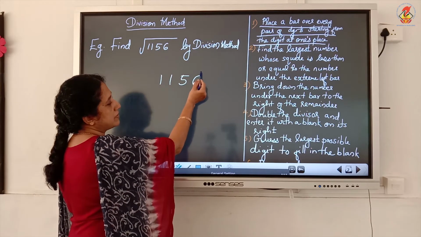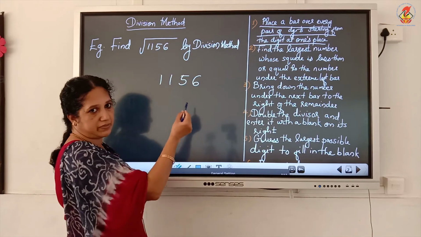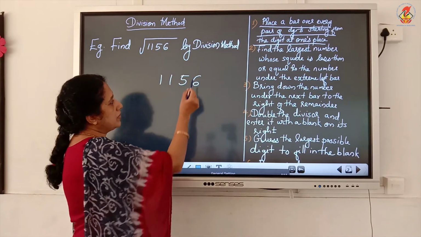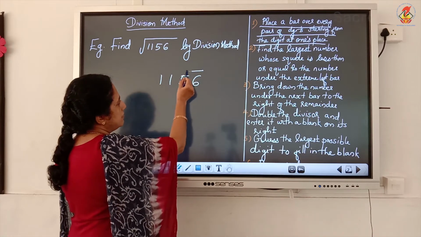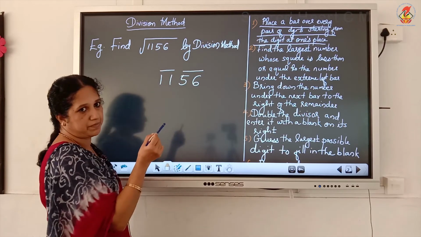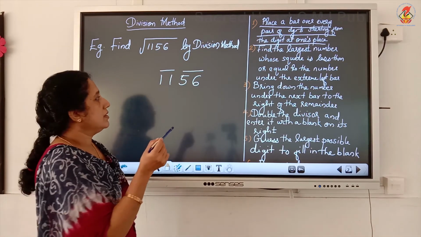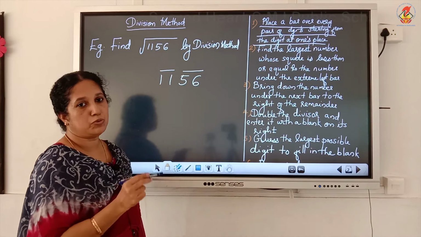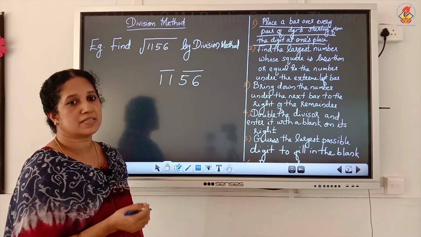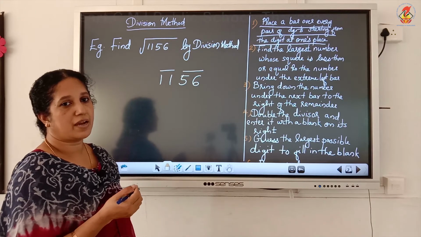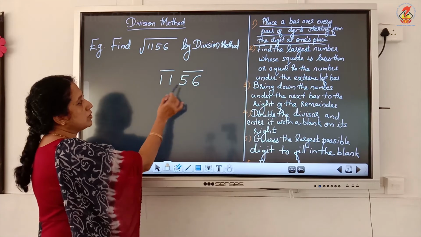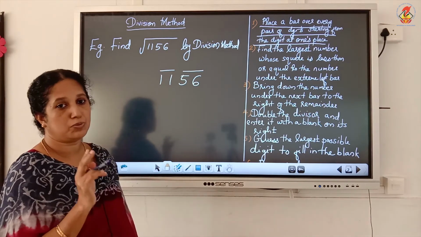You have to start from the right side of the given number and pair the digits. So 6 and 5 will go in one pair and 1 and 1 in another pair. Therefore we have 2 bars. We learned that the number of bars gives the number of digits in the square root. So the square root of this number consists of 2 digits.